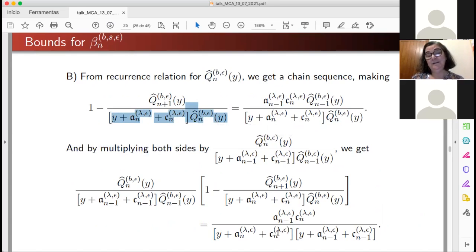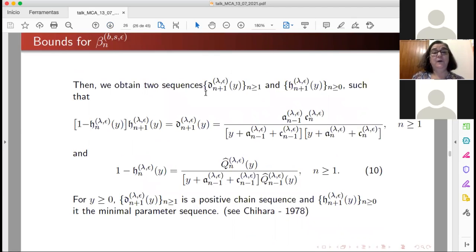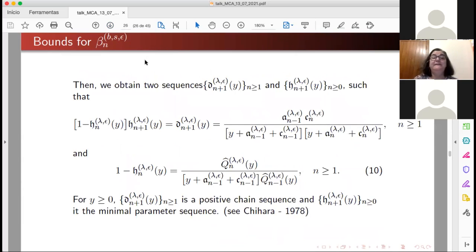Actually, the aim here is to get a chain sequence, because it's written in terms of a parameter sequence here, and we get this for all y, actually for all y positive, because the polynomials q also have this property that they don't vanish on y positive.